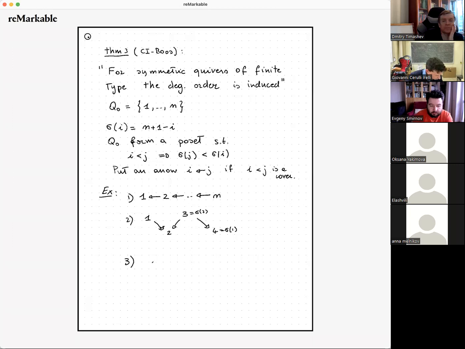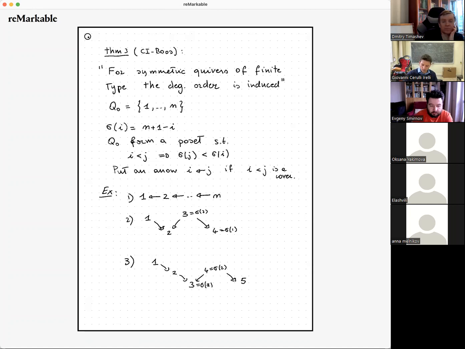And then another example is 1, 2, 3, 4, which is sigma 2, and 3 is fixed, and then 5. In this case, it's true that the degeneration order is induced, for this kind of varieties.